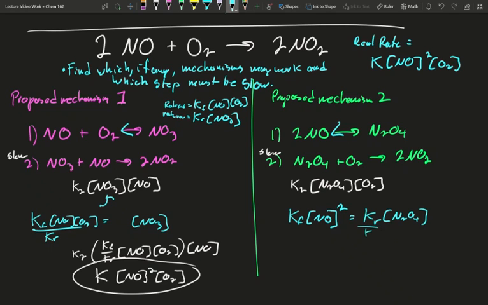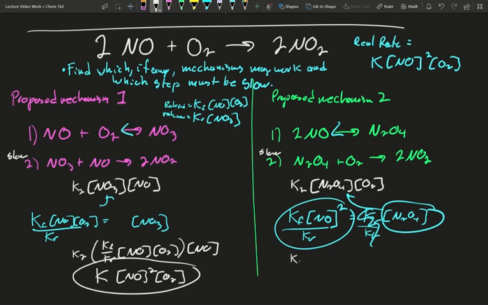We'll rearrange, divide by kr again, and what we'll find is that the [N2O4] can be replaced with this component, which means that our k2 times our kf over kr times [NO]^2 and the [O2] that was there.